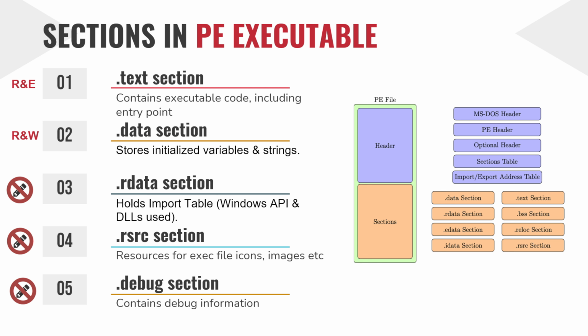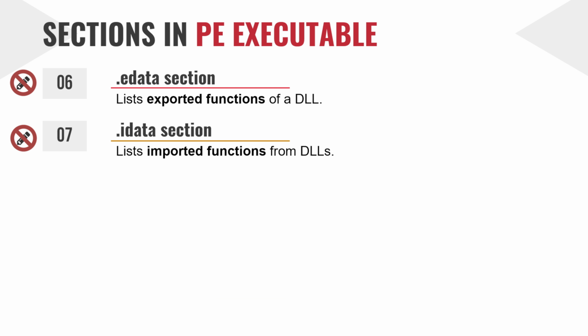Next is the resource section, which holds resources of the executable file like icons and images which we see in the executable file. This is also a read-only section. Next is the debug section, which includes the debug information. There are other sections like the edata section, which includes the list of exported functions of the DLL, and the idata section, which includes the list of imported functions from DLLs.